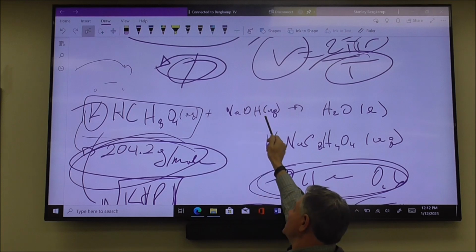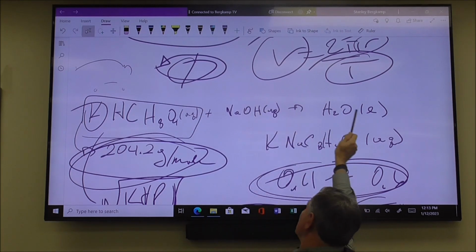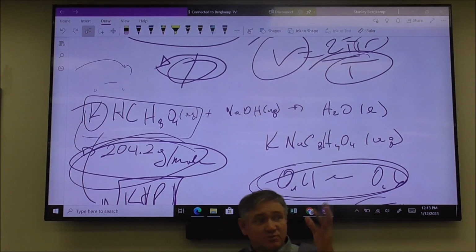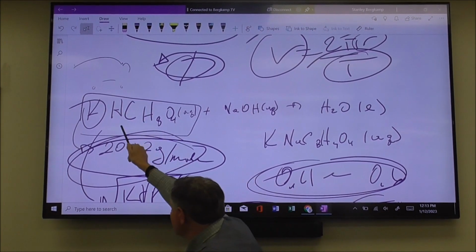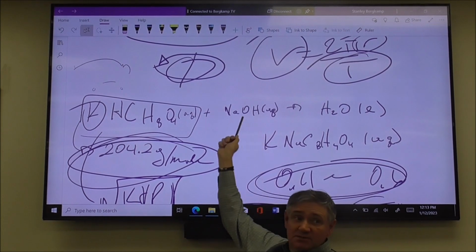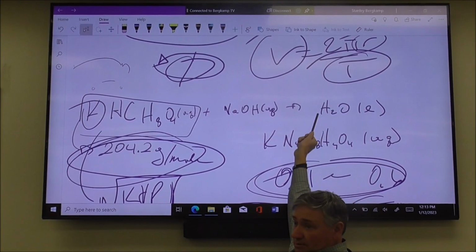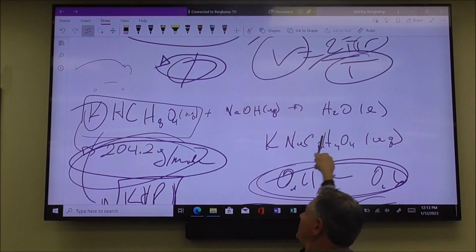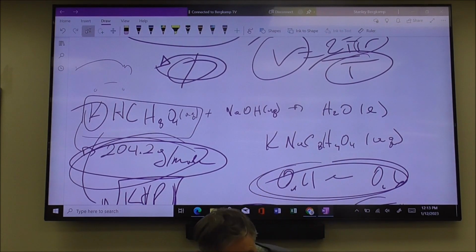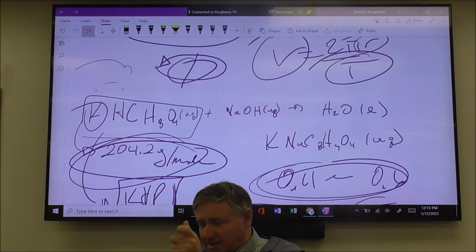That hydrogen is going to bond with this hydroxide, so you get water. So that's where the water comes from. The sodium kicks out the hydrogen, the hydrogen bonds with the OH, you make water. What's left over is potassium, sodium, and this big complex organic molecule. So it's just like they're switching places.